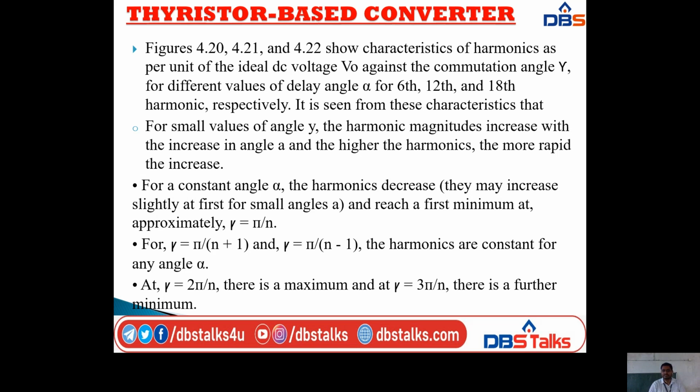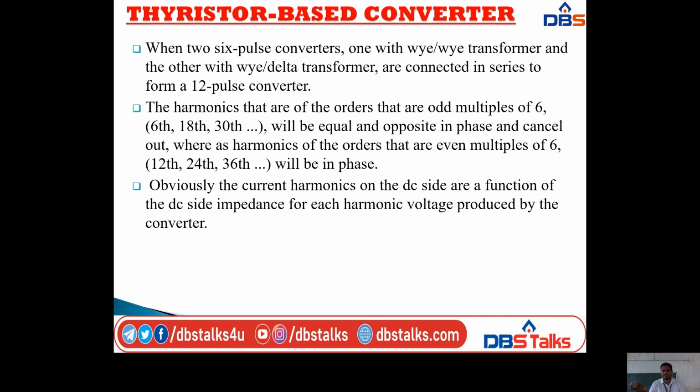Next, when two 6-pulse converters, one with star to star transformer and the other with star delta transformer, are connected in series to form a 12-pulse converter. So if you want to form the 12-pulse converter, we have to use two 6-pulse converters, one with star to star transformer and another with star delta transformer.